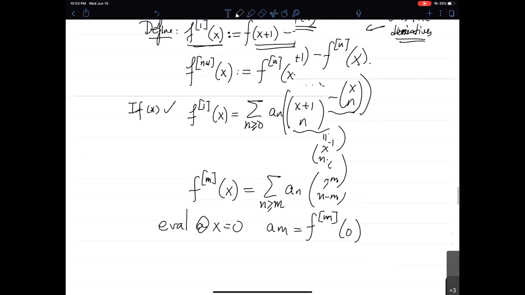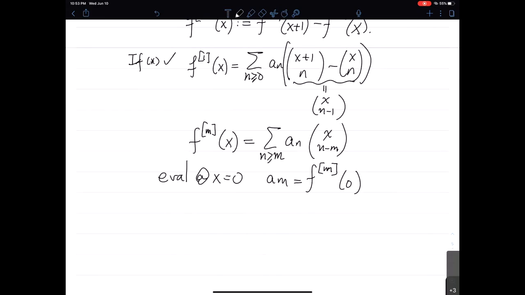So this looks a lot like Taylor expansion, but you use differences for the derivatives. So we have proved that star is unique if it exists.